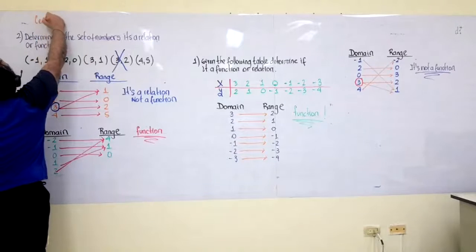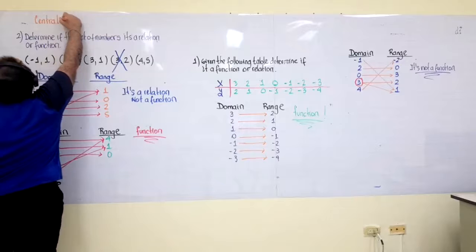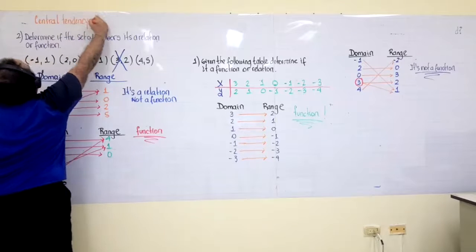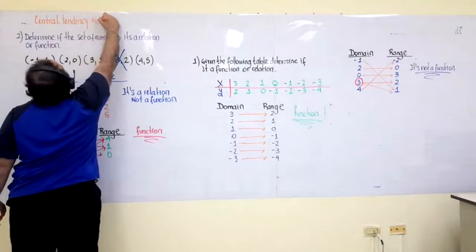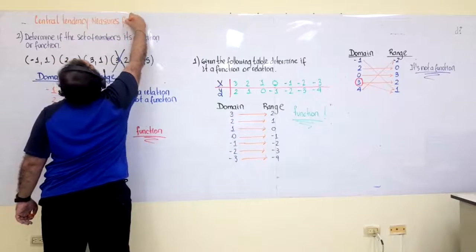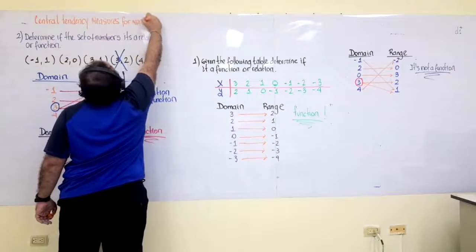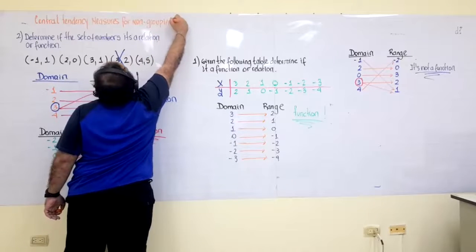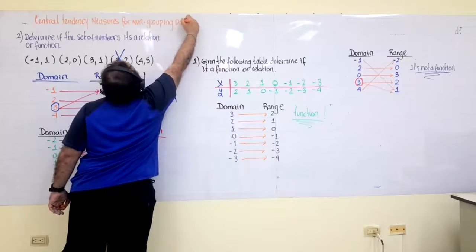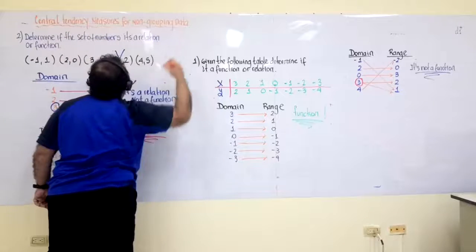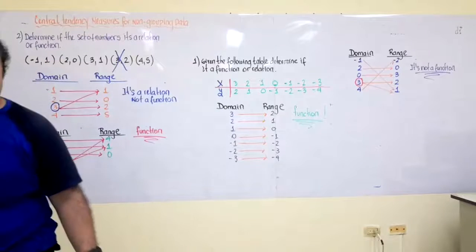Central tendency measures for non-grouping data. What does that mean? That means the mean, median and mode, as a manner of speaking.